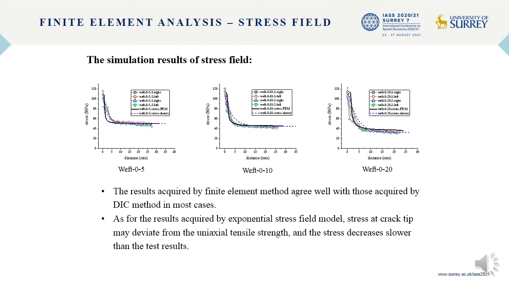From the comparison, it can be seen that the results acquired by simulation agree well with those acquired by DIC method in most cases. As for theoretical model, stress at crack tip may deviate from the uniaxial tensile stress, and the stress decreases slower than the test results.